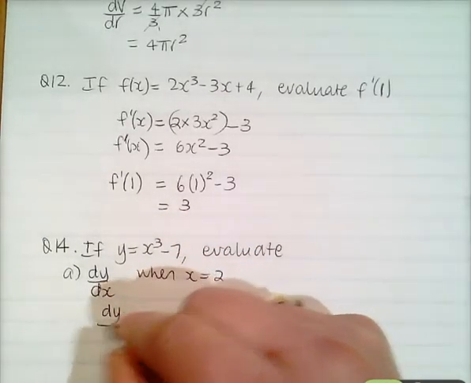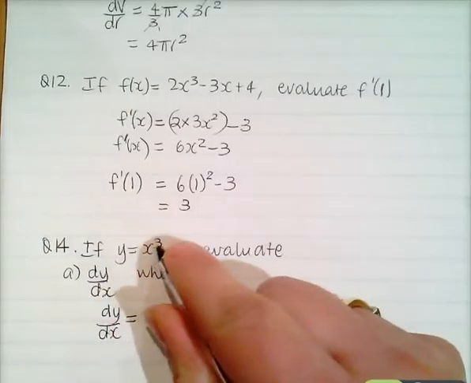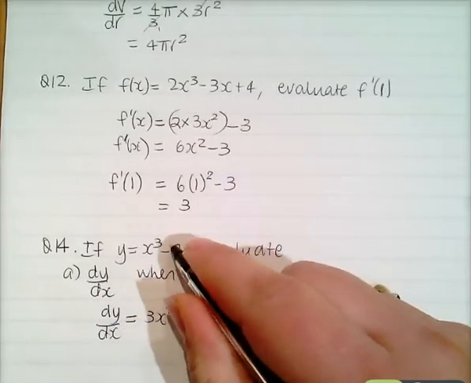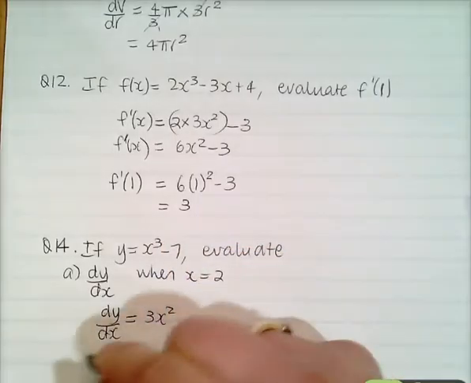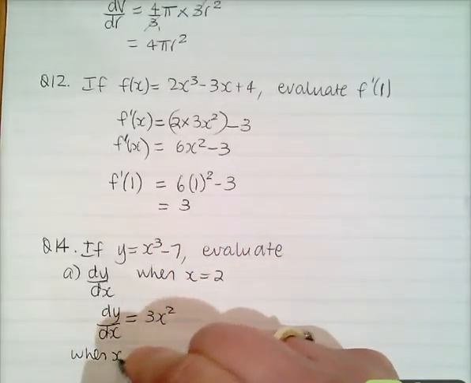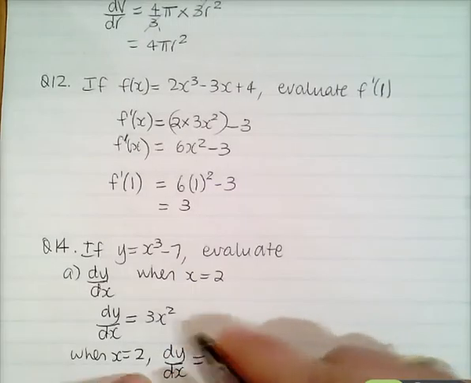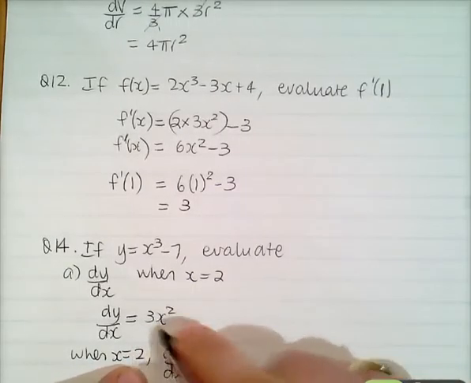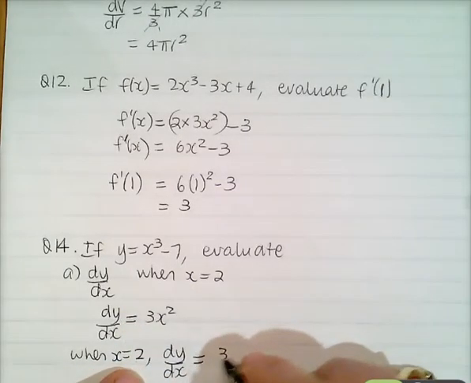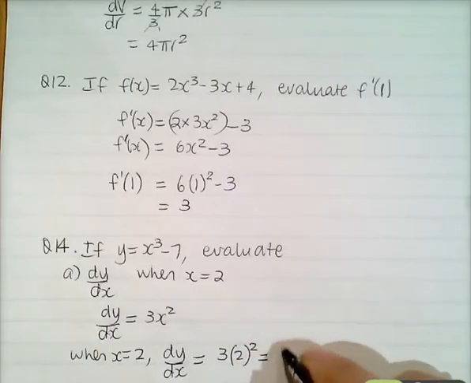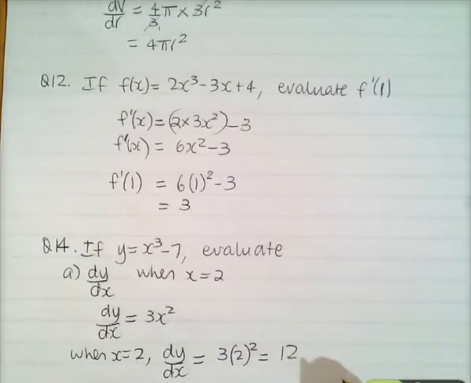The first thing we'll do is work out dy/dx by differentiating this, and we get 3x squared plus 0, because if you differentiate the minus 7, you get 0. Now we will substitute when x is 2. We just substitute x equals 2 into this dy/dx function. So we get 3 times 2 squared, which is 3 times 4, which is 12.